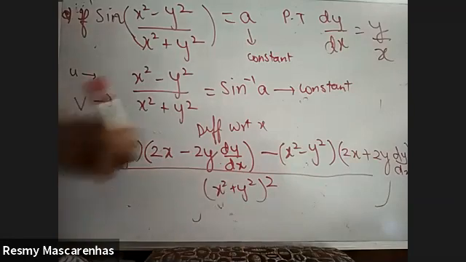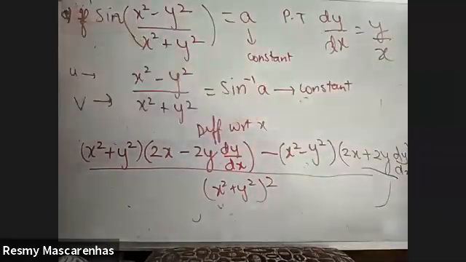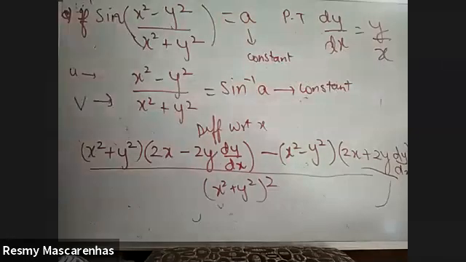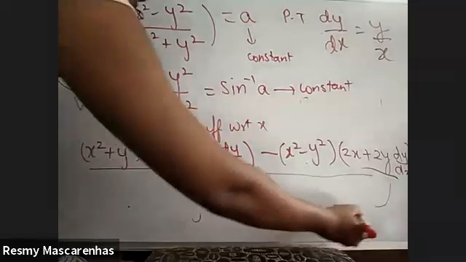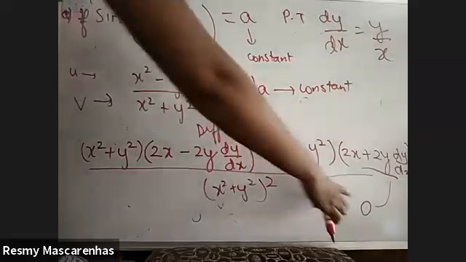And what will be the right hand side? Straight away, the derivative of sine inverse of a, it is a constant, so on the right hand side you will get 0.